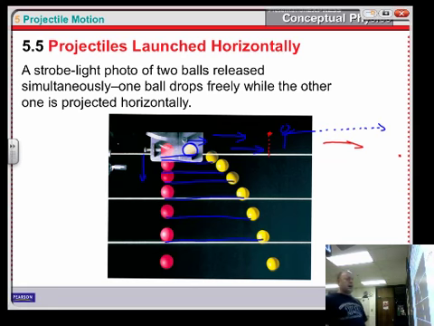I'm talking about if you fire it straight out, not at an angle up. If you fire it straight out, the component pulling it down is the same as here. The acceleration due to gravity on both of those is exactly the same. It doesn't make a difference.